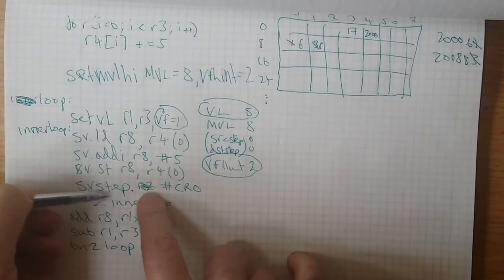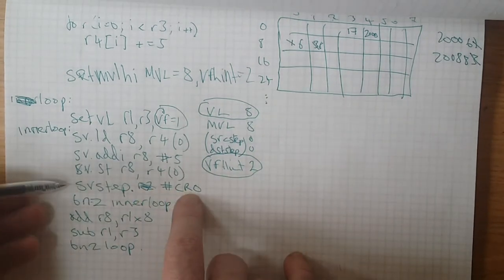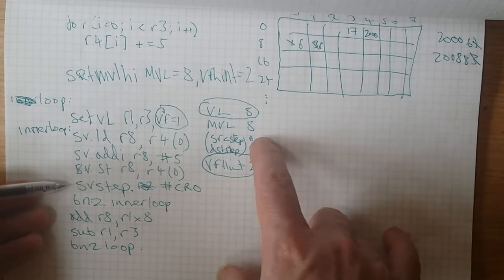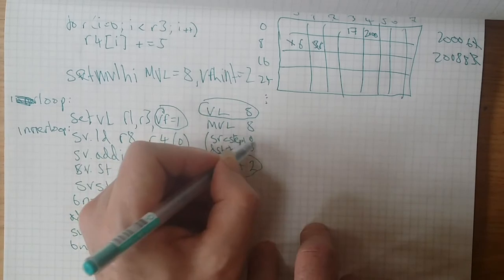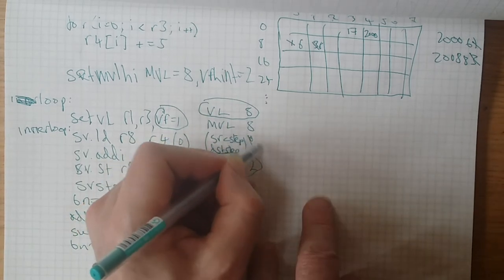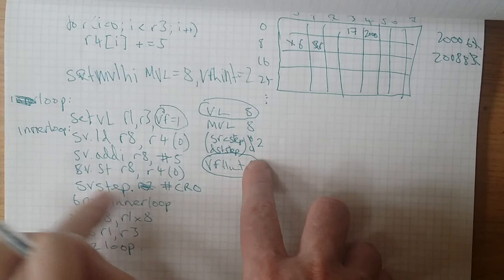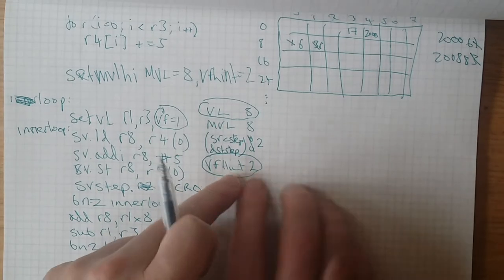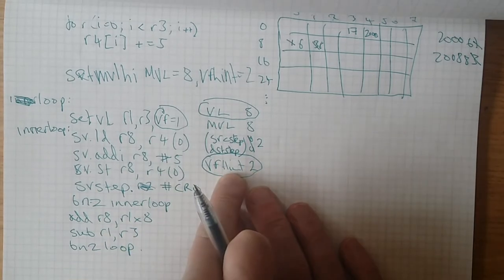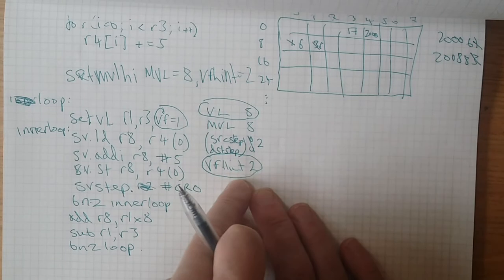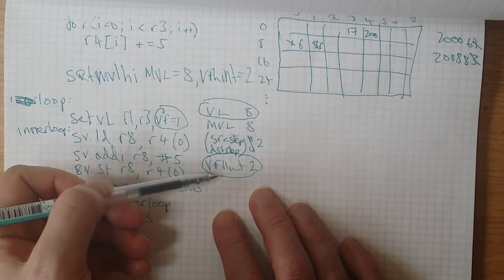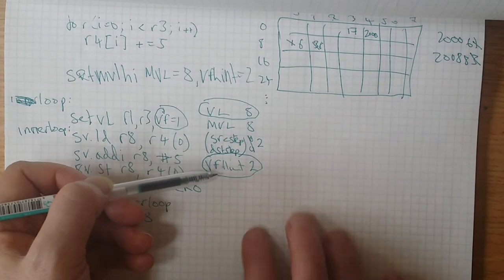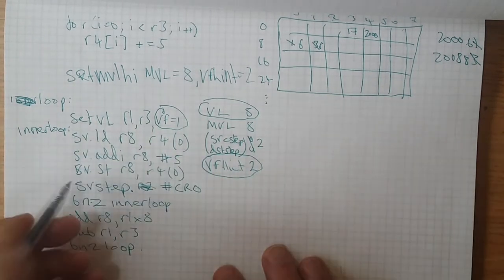Then we do the SV step instruction, and this is where it explicitly moves source step and dest step on. So source step and dest step both get incremented by the vertical first hint, not VL. The priority in vertical first mode is that VF hint is what you step on by.